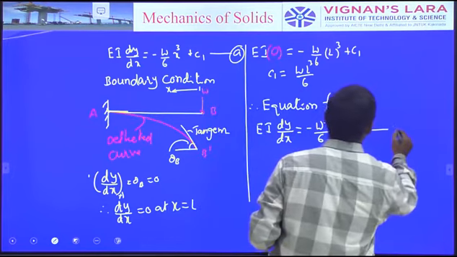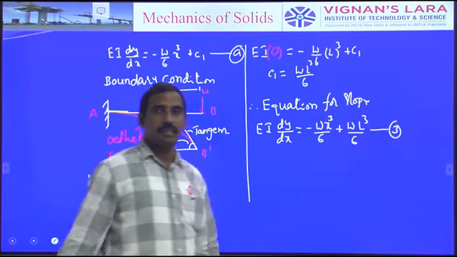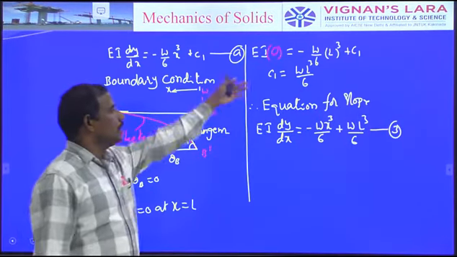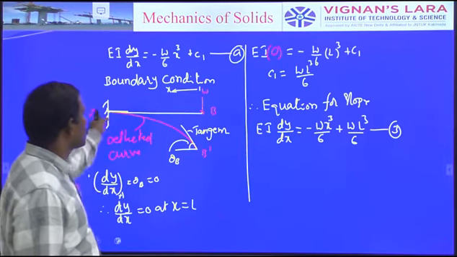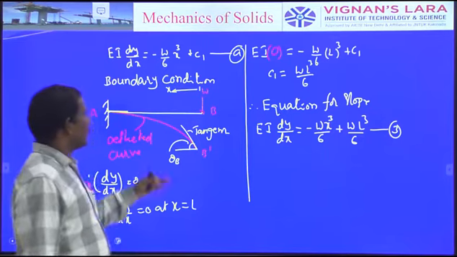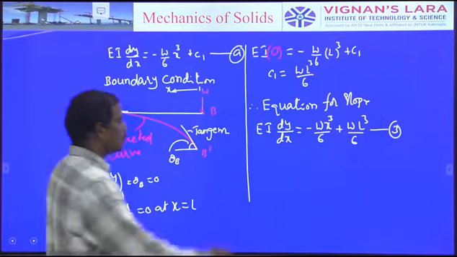Say equation number 3. Equation number 3 represents the equation for slope. Then you can find out the slope at A as well as B.